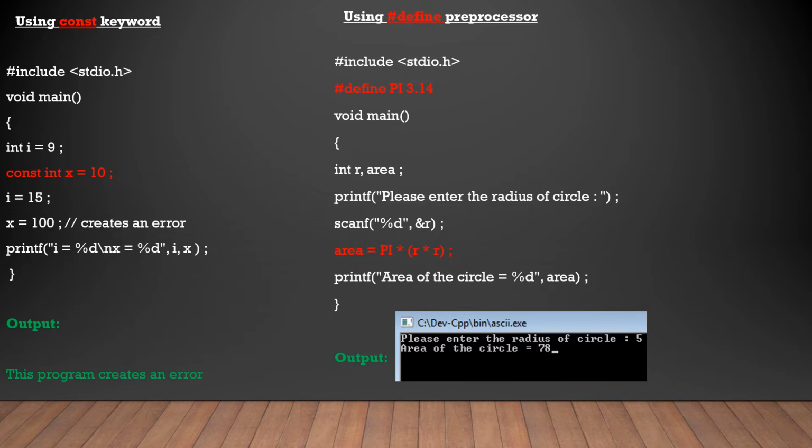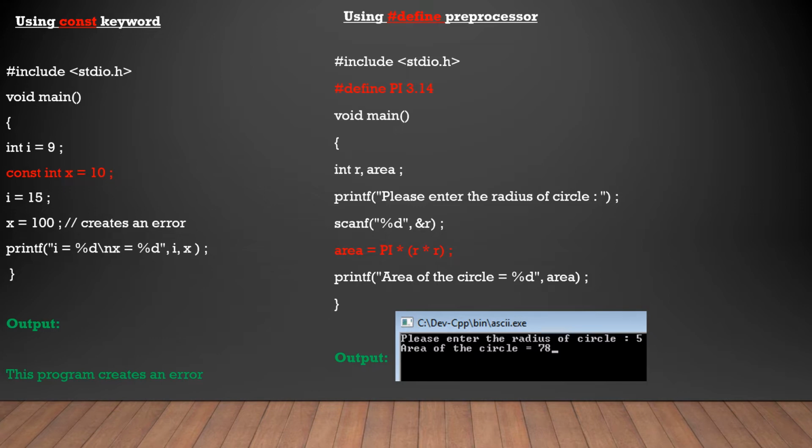But for the variable x, you have declared it as a constant 10, and here you are assigning x is equal to 100. Since x is a constant variable, its value remains constant throughout the program. The value will not change. x is assigned 10, the constant value, but now here you have given x equal to 100.